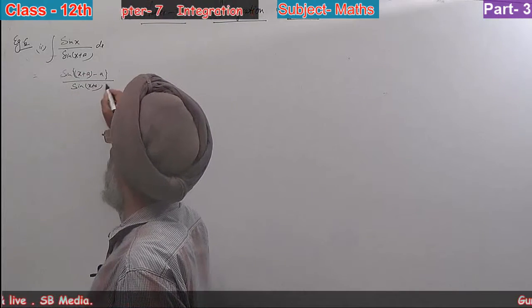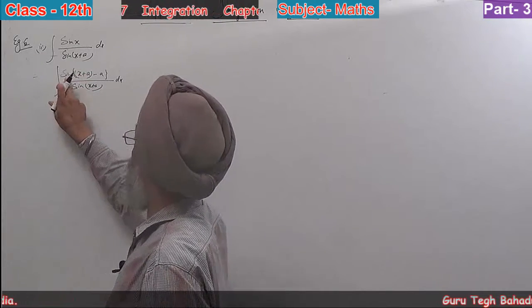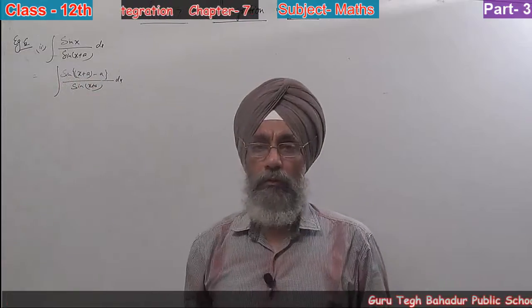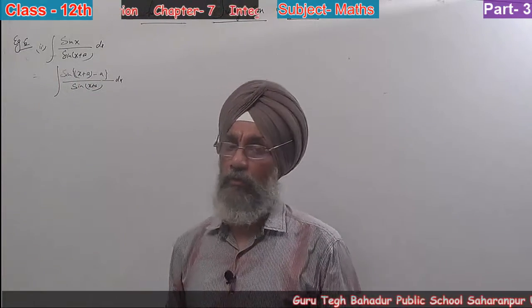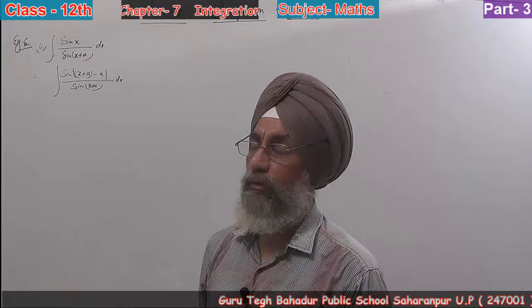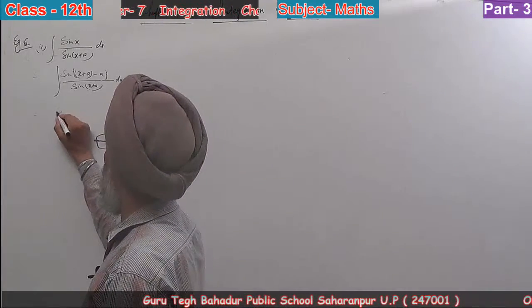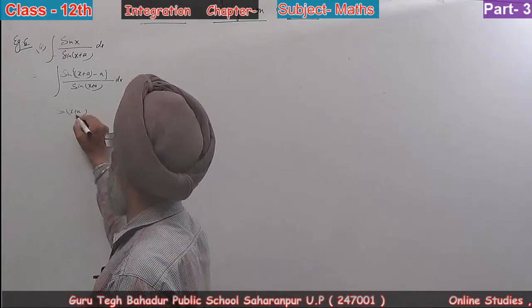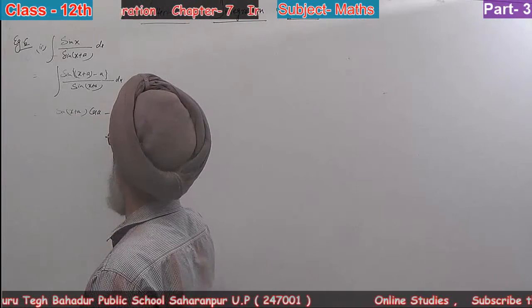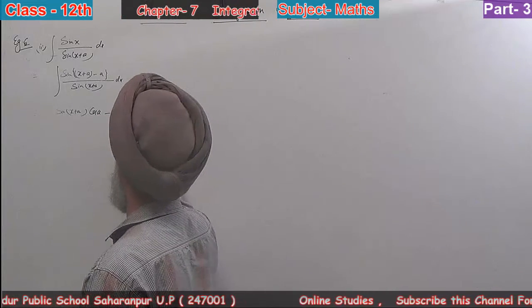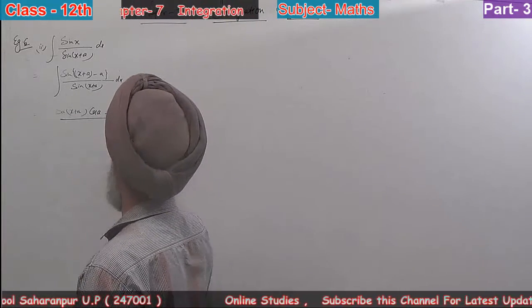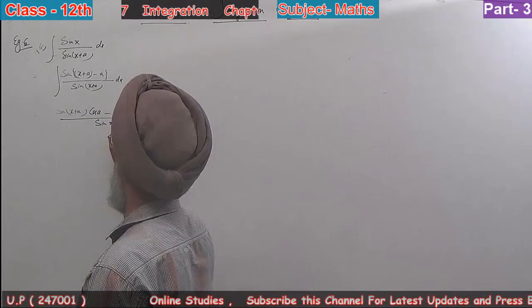Now the formula for sin x minus phi is sin x cos phi minus cos x sin phi. So writing here sin x plus a cos a minus cos x plus a sin a upon sin x plus a.